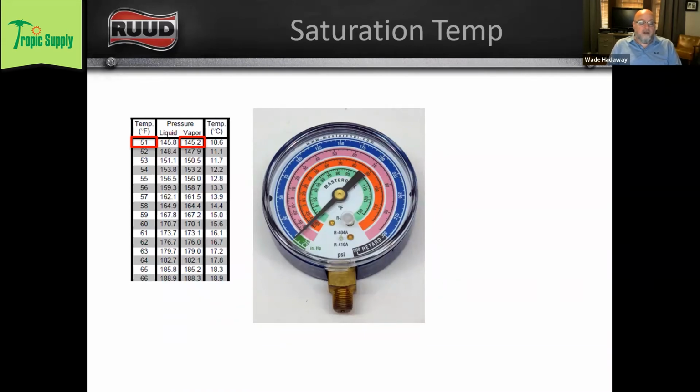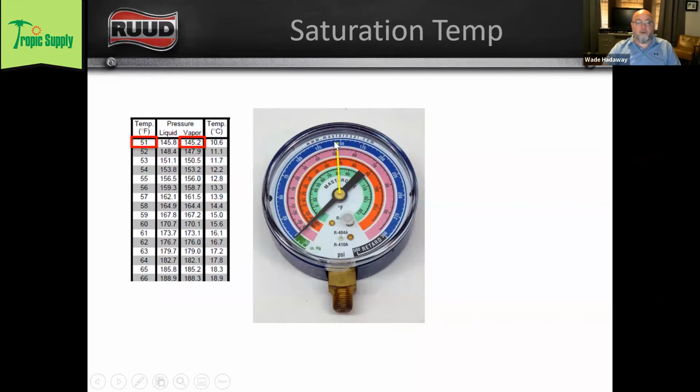So this is where the saturation temperature comes from. You're not going to measure it other than measuring the pressure of that refrigerant and then seeing what the pressure temperature relationship is, right? You can also get that number from your manifold gauge. And that's where these rings on your gauge come from, right?